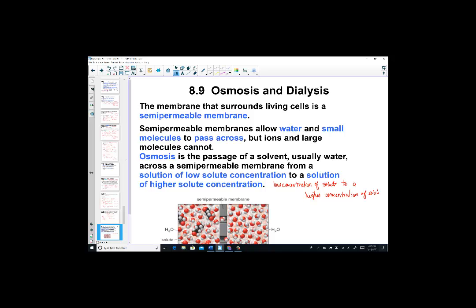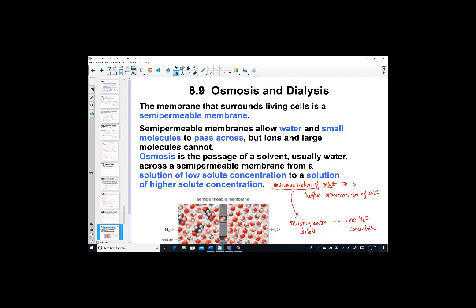Now you think about what that really is saying. A low concentration of solute means mostly water. This is dilute. And it's flowing to a higher concentration of solute, which is less water, more solute, which is what we call concentrated.